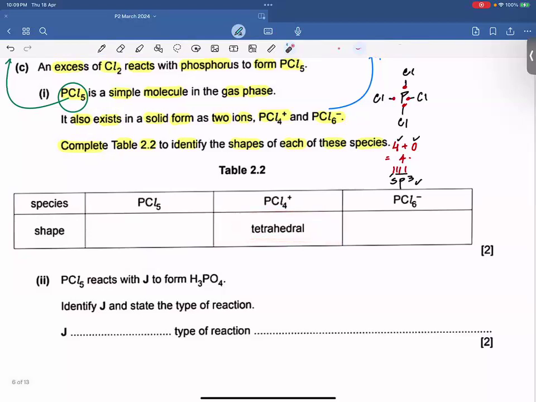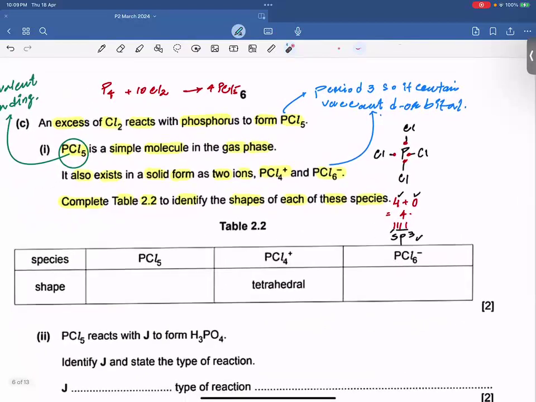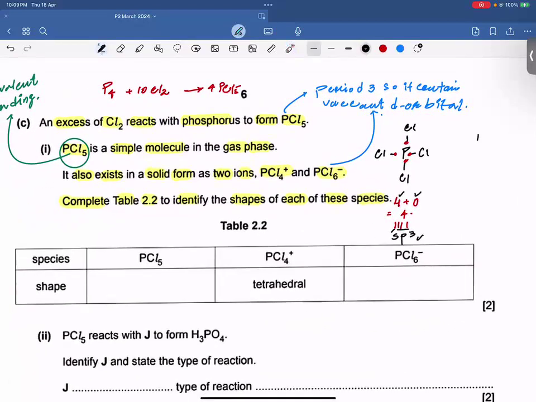Okay. My goodness, PCl6 minus. We need to make 6 covalent bonds around phosphorus because there are 6 chlorine atoms around it. So how many valence electrons around phosphorus? 5, because it belongs to group 15.